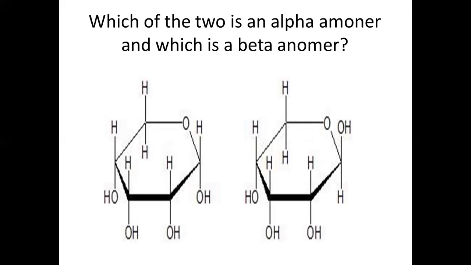The first one is an alpha. Why? Because the hydroxyl group is below the plane.